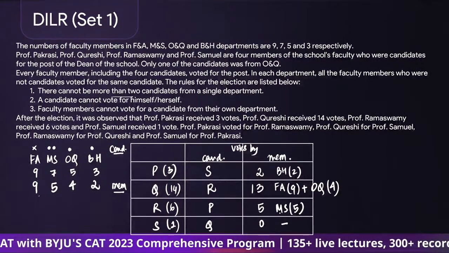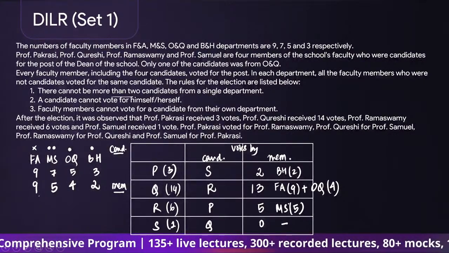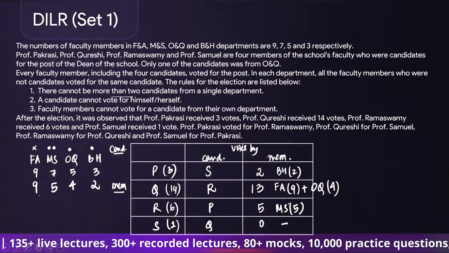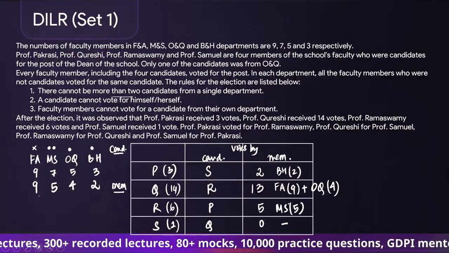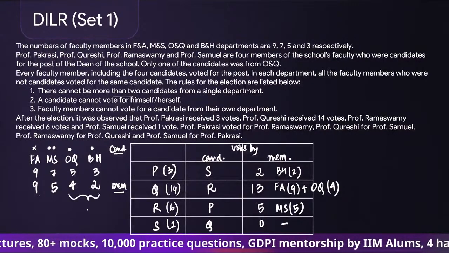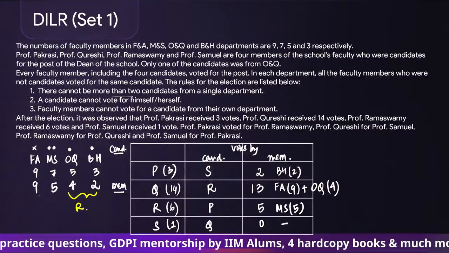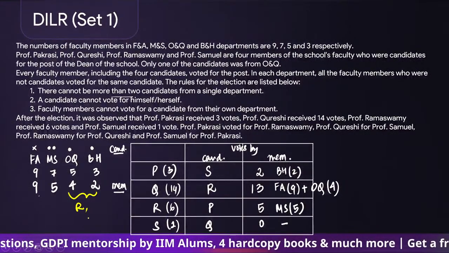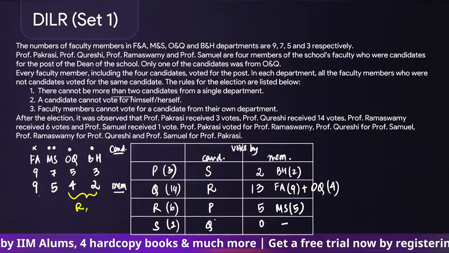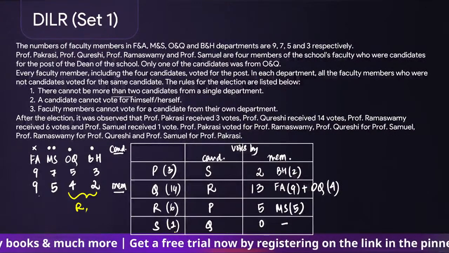So अगर आप देखोगे तो R को MS के people ने vote करा है, right? So R cannot be from MS, right? So R is going to be one among OQ or BH. R इन दोनों में से कोई एक है, right? Now, S received one vote, right?